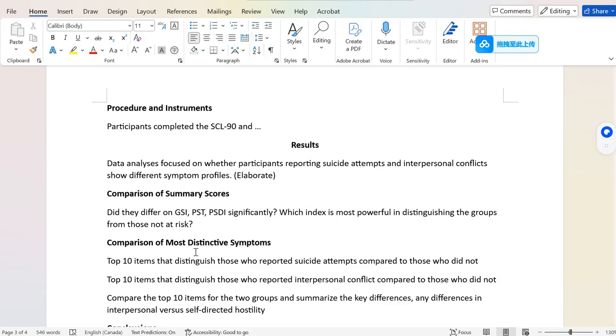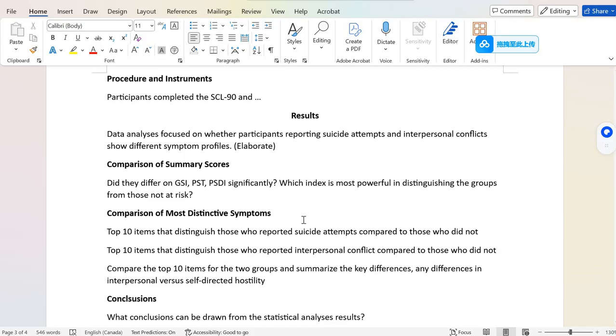Not only do we look at the global combined composite score indexes, but we also look at the specific symptoms. Do the two groups show unique symptoms?